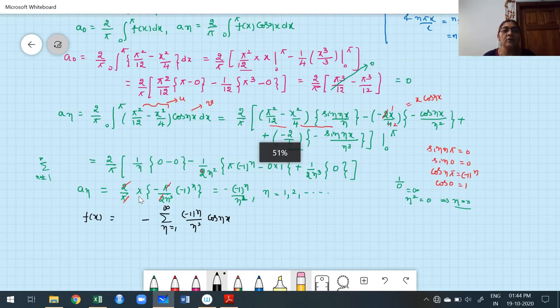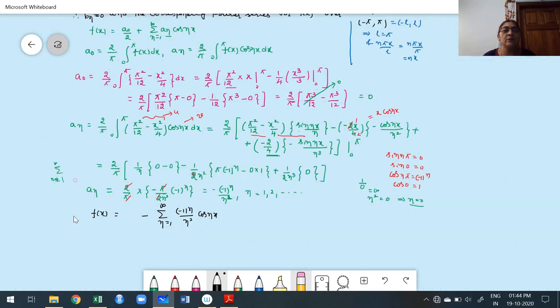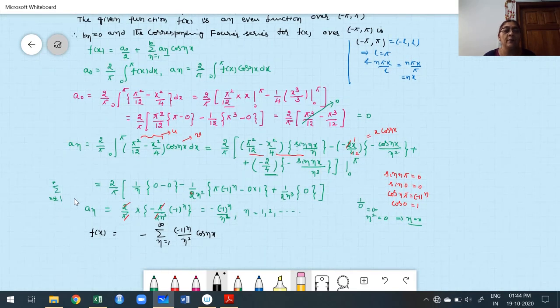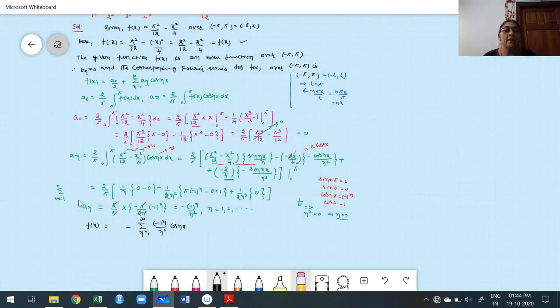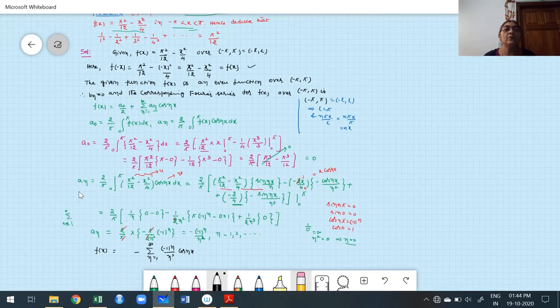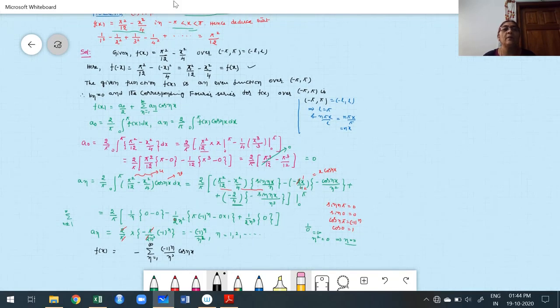Now if you zoom out a little bit, it is easy to see the entire problem in one screen. f of x is pi square by 12 minus x square by 4 in the interval minus pi to pi. This is in the form of the second case, therefore I step into even or odd.